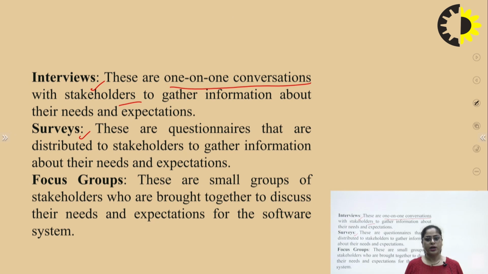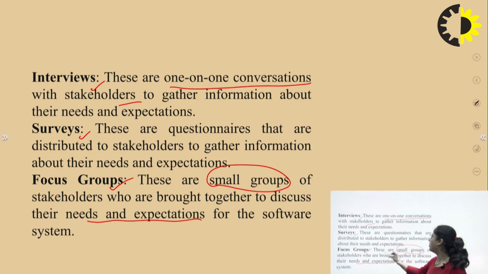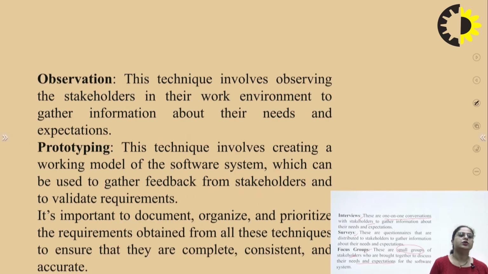These are questionnaires that are distributed to stakeholders to gather information about their needs and expectations. Third is the focus group. These are small groups of stakeholders who are brought together to discuss their needs and expectations of the software system.